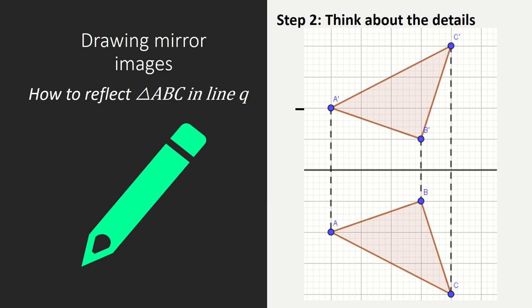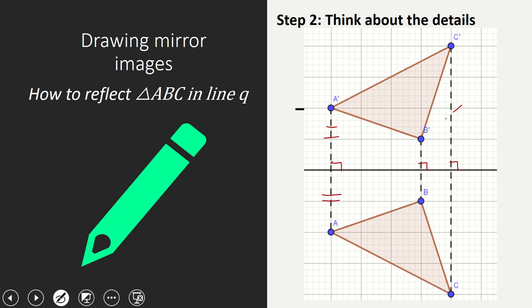Alright, so now it's really important to not forget the details, because you have drawn perpendicular lines. So that means that you must not forget the perpendicular sign. You also must not forget that this line is exactly the same length as that one.